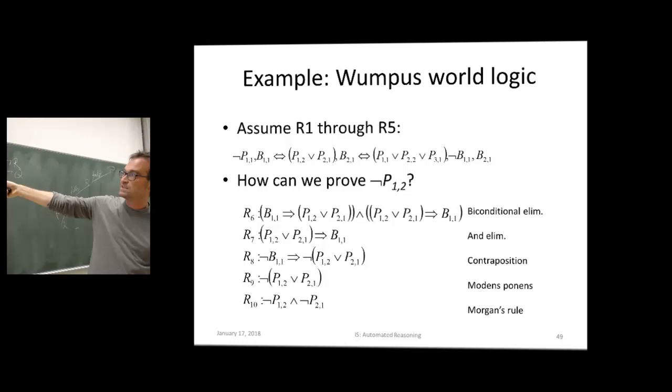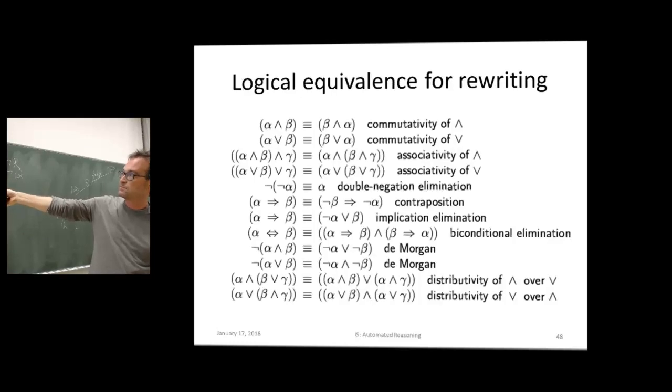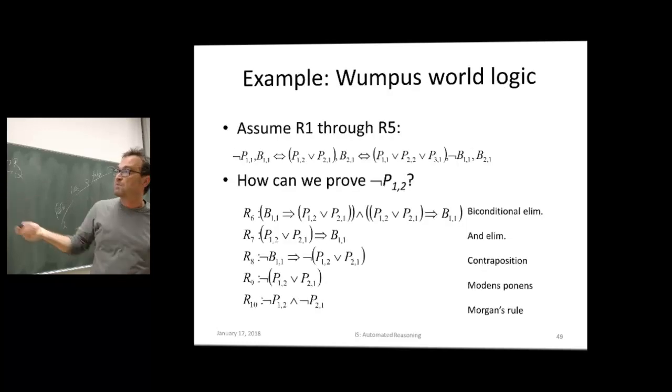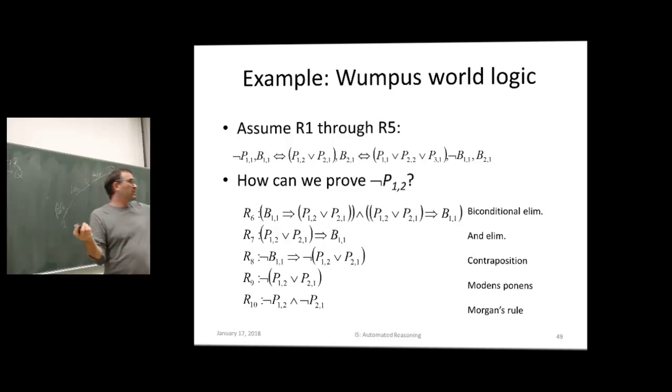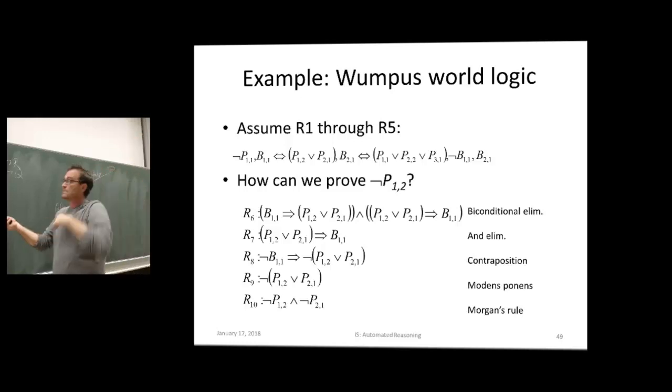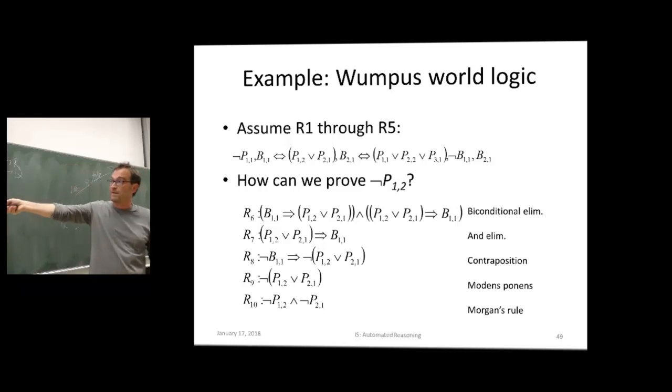So you have biconditional elimination that you can apply with some rule here. We have an equivalence, so we can replace it by the implication in both directions. We can eliminate the and, so we can only take one of the two conjuncts. We can contrapose, which is a rule that works on the implication: if A implies B, then not B implies not A. Then we can apply modus ponens, and then we can apply De Morgan's rule.